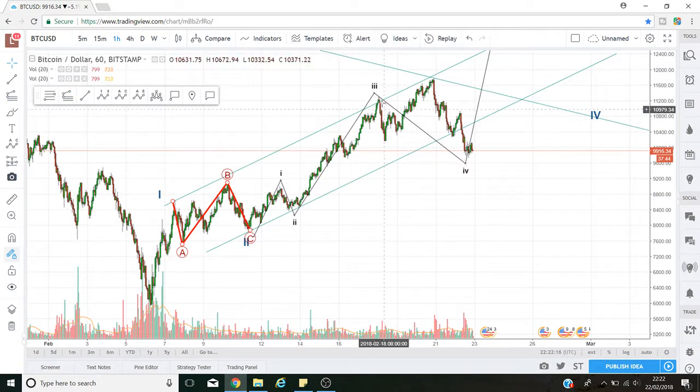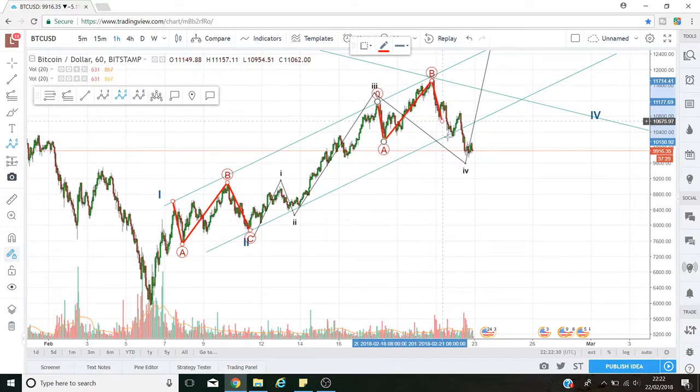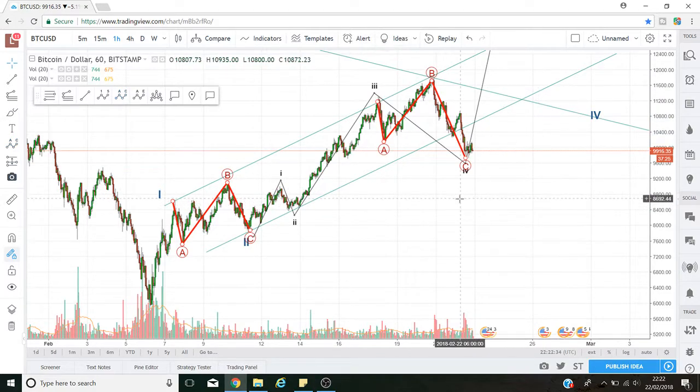Now, what's it done since it finished its wave 3? It has made an ABC pattern. That ABC pattern is an expanded flat. Again, let's draw that out. Wave A, wave B, wave C. Alright, impulsive wave A, wave B a zigzag in itself, and then wave C is made up of 5 waves.